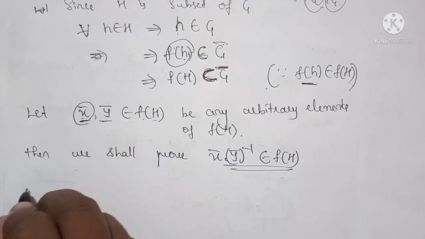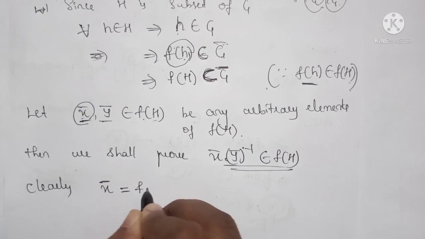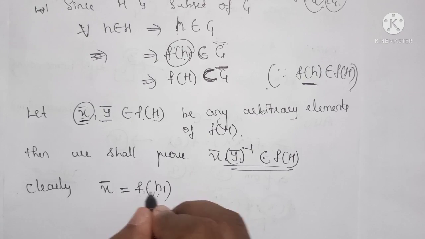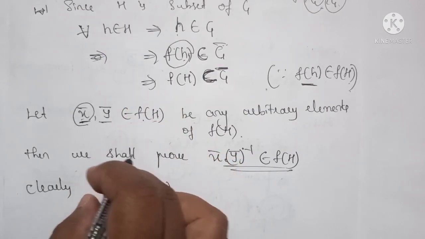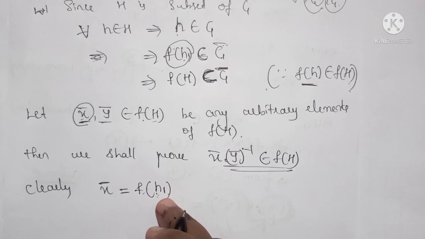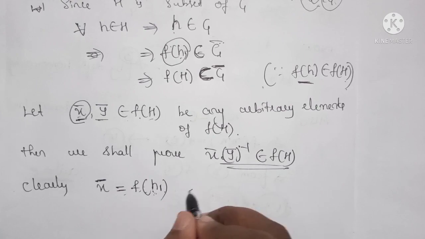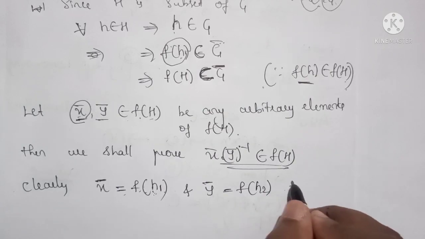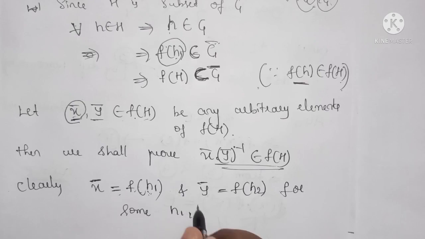Therefore x bar is the image of some element of H, which we can consider as f of h1. These are all elements of the form f of h1, f of h2, f of h3 and so on. So we consider x bar equals f of h1, and y bar will be f of h2, for some elements h1, h2 belongs to H, right?